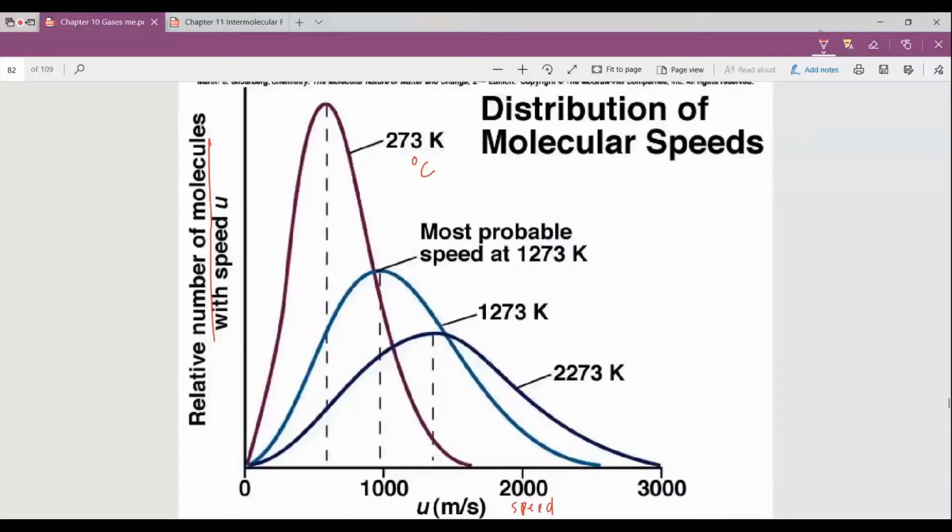Negative 273 is 0, so 273 is 25 degrees Celsius, isn't it? 0 plus 273.15.